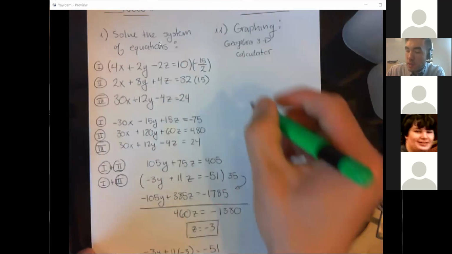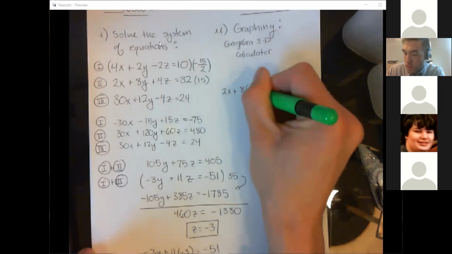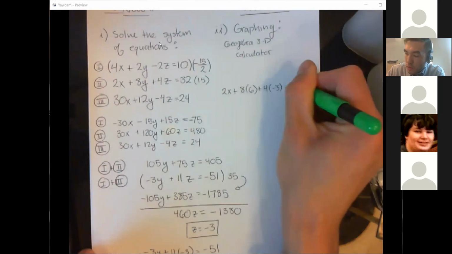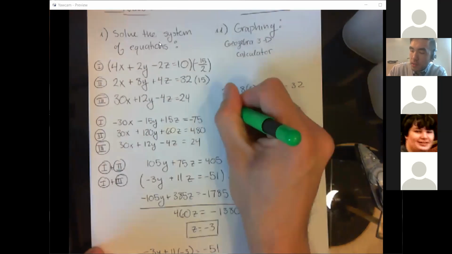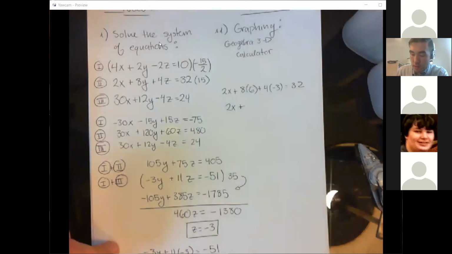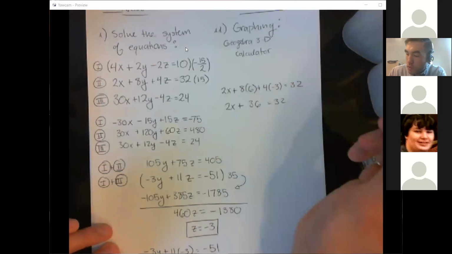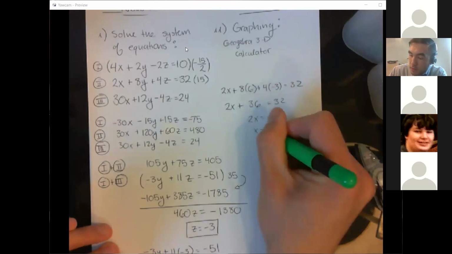And so that's going to be to say that 2x plus 8 times 6 plus 4 times -3 is equal to 32. 2x plus, and I'll just do this in one step. So 8 times 6 is 48, minus 12 is 36. This is equal to 32. Subtract 36 from each side. 2x is equal to -4. X is equal to -2.